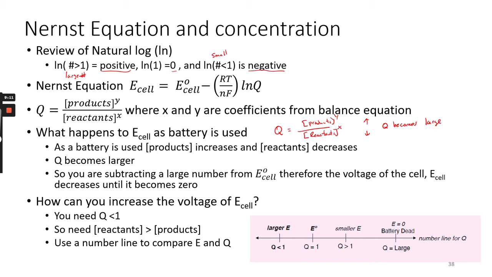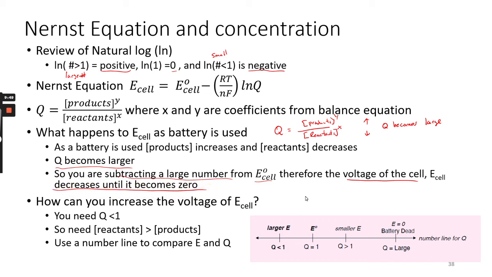Oh, I'm sorry, the natural log of a large number is positive, and you're subtracting it, so then the potential of your cell is going to start to decrease. Q becomes larger, so you're subtracting a larger number from your standard cell potential. Therefore, the voltage of your cell is going to decrease until it becomes 0.